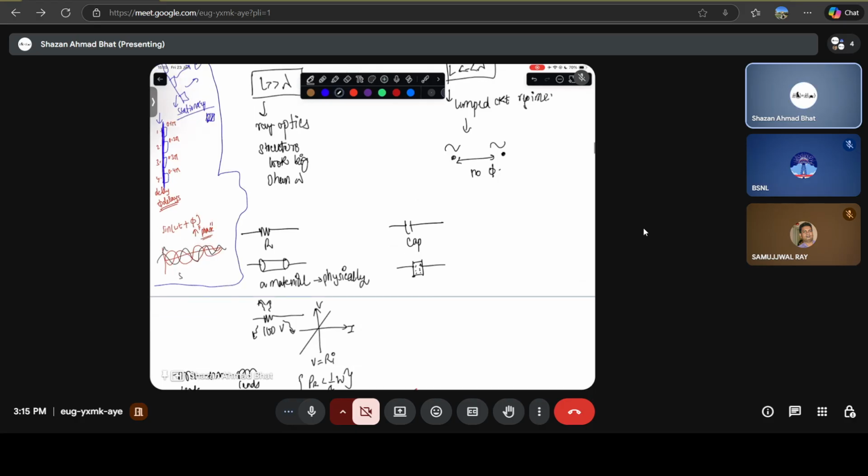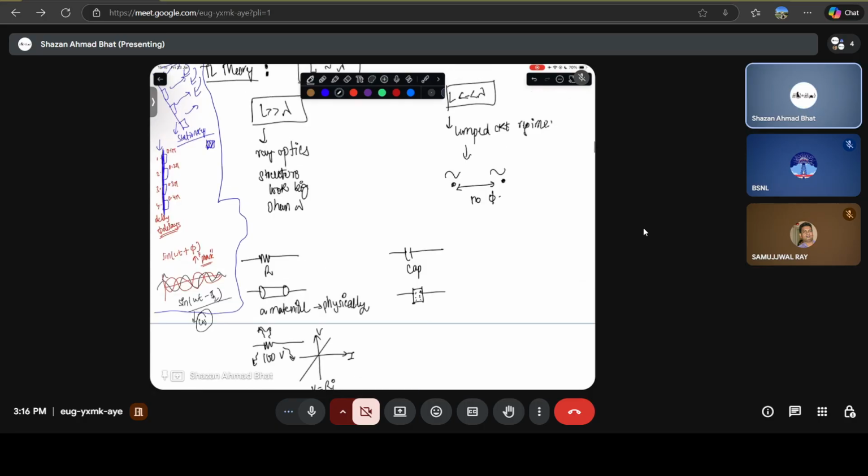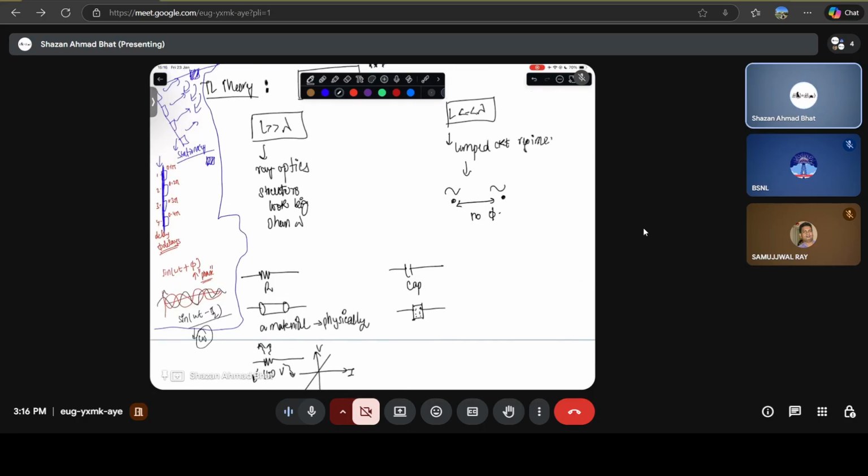Just like you have sine of omega t, you can write sine of omega t minus pi by 2. You can write it in terms of the cos, because the cos is just the delayed version of the sine. But now the essential thing is, when you give a certain voltage or wave here, it gets delayed at each of the, I should say, microwave devices. This is a microwave device which is emitting microwaves.